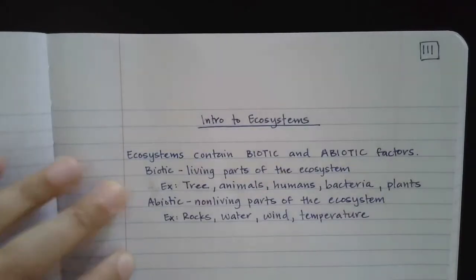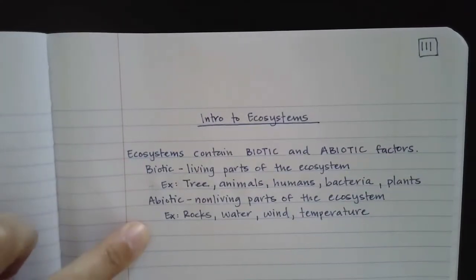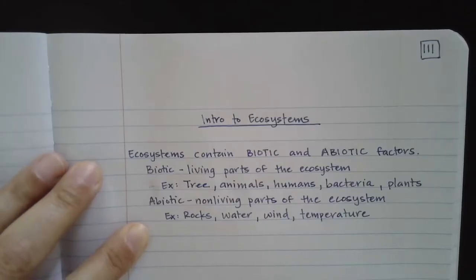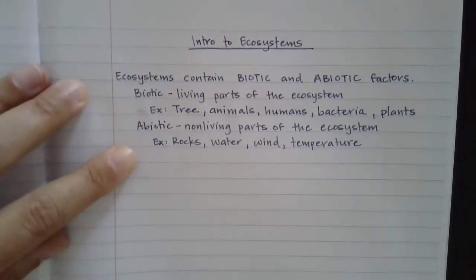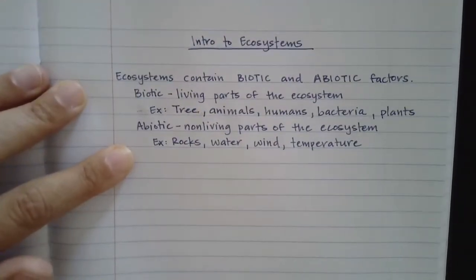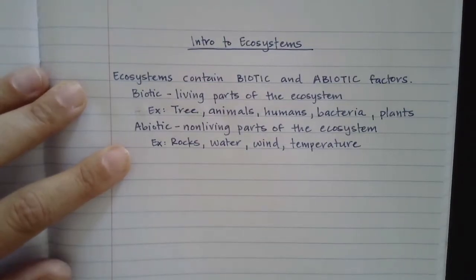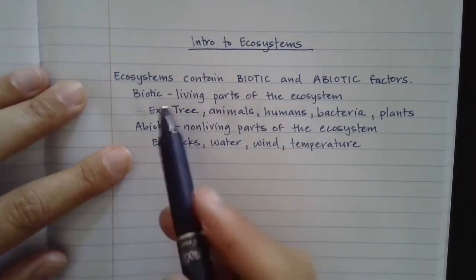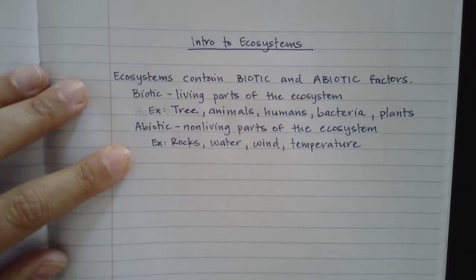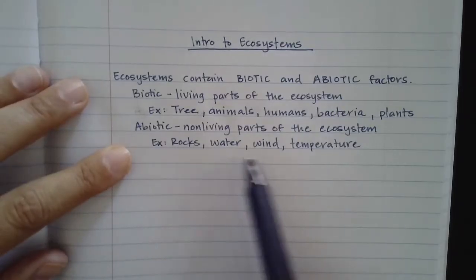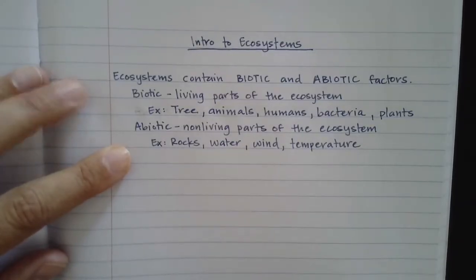These are all things that the living things might interact with, but they're non-living. So they're part of the ecosystem. They're going to impact the living things. The living things might impact the abiotic factors, but these are non-living.